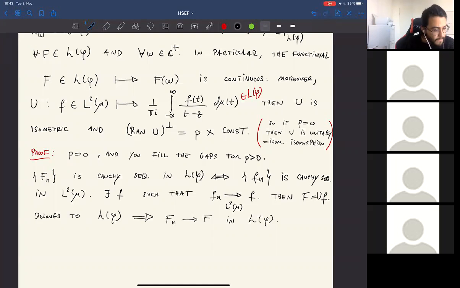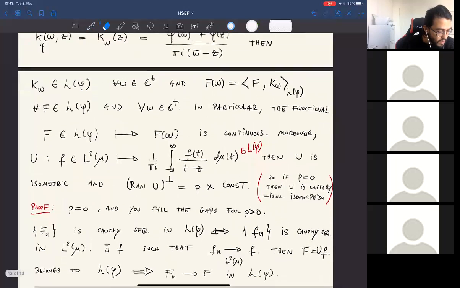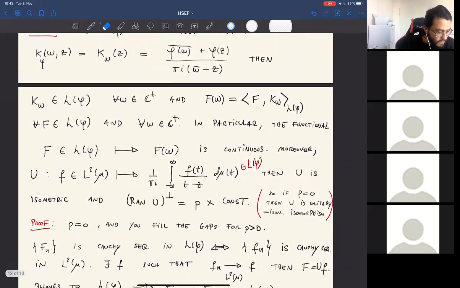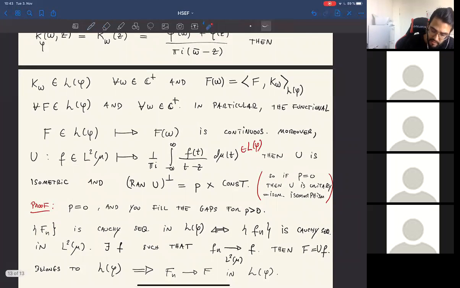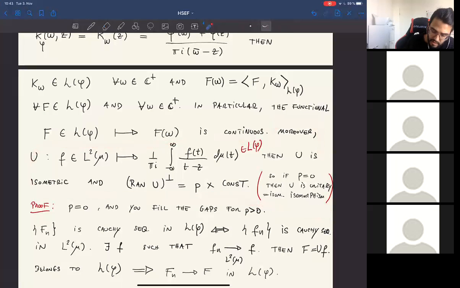So by definition, let me show now, instead of dealing with the reproducing kernel for a moment, that the map U is an isometric isomorphism. We already know that by definition, I'm assuming p is 0. So if f belongs to L2, I do have a function by this representation.